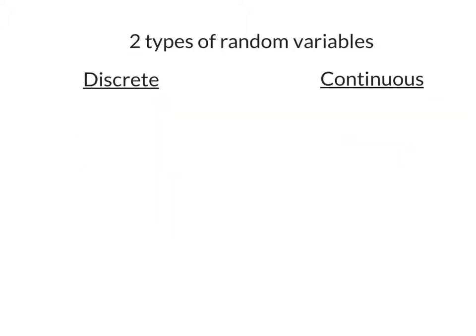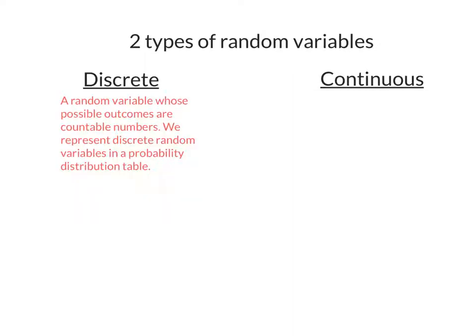There are 2 types of random variables that we're going to take a look at: discrete random variables and continuous random variables. Let's look at the definition of each of those. A discrete random variable is a variable whose possible outcomes are countable numbers.